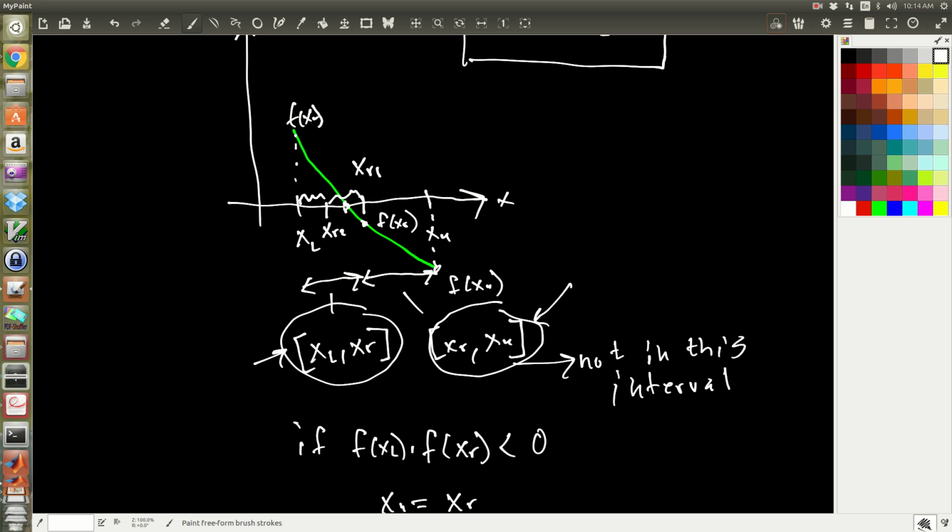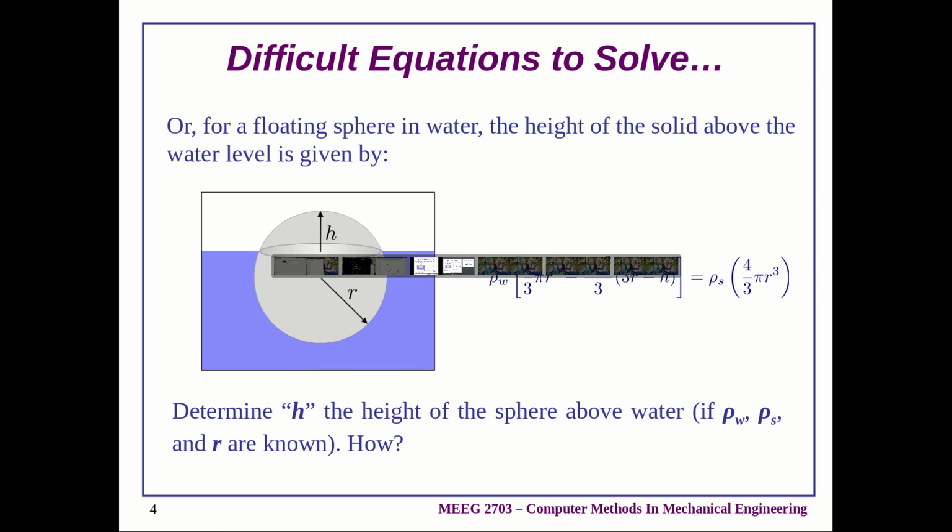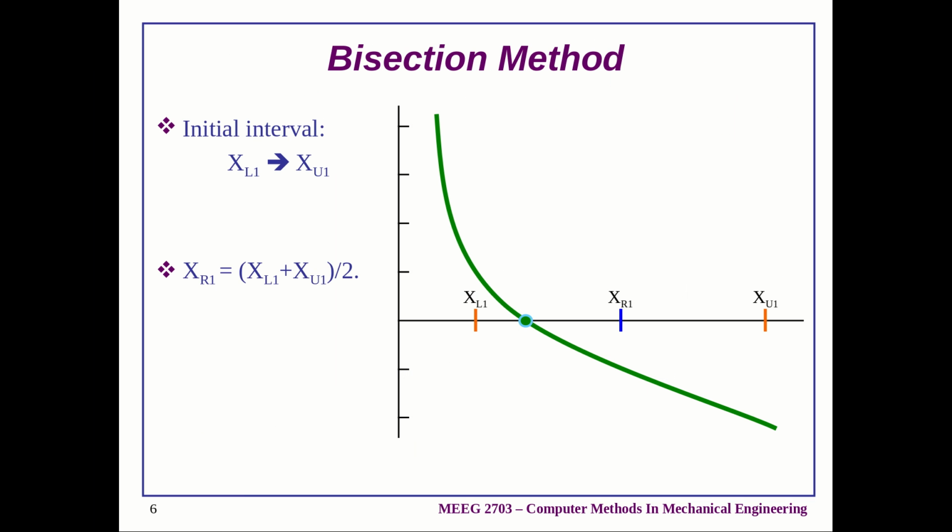And now you see we're getting closer and closer to the root as we successively divide our intervals in half, getting smaller and smaller intervals. Here's a little animation showing you the bisection method.